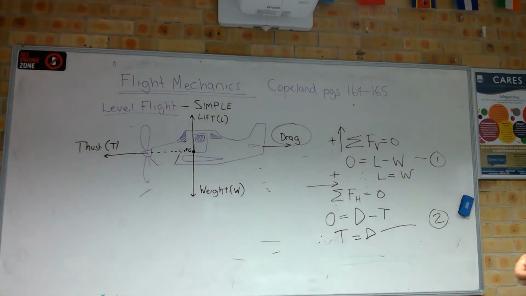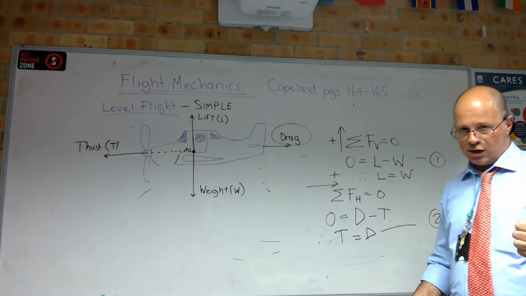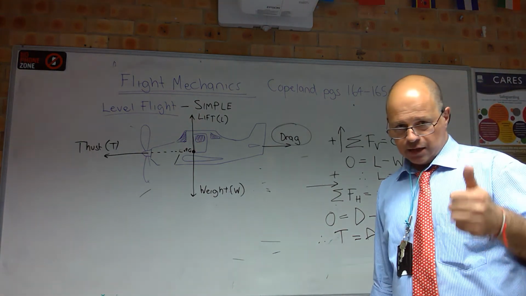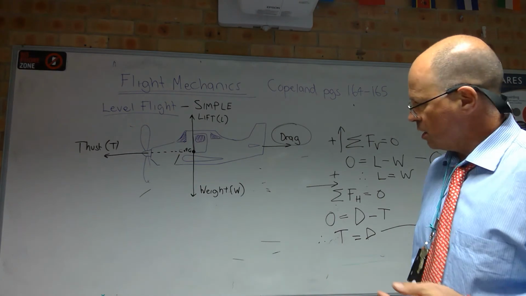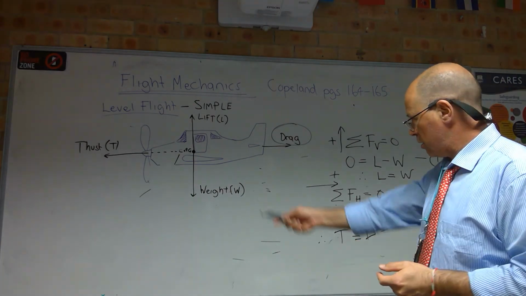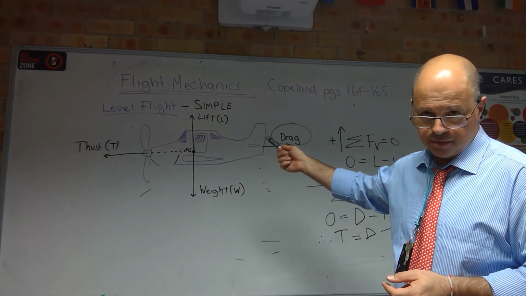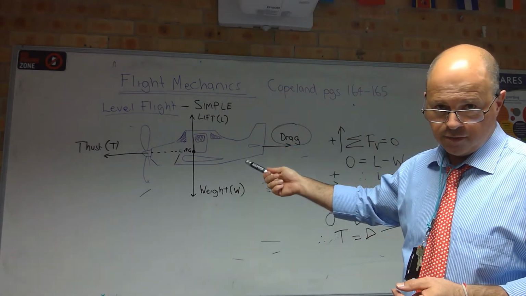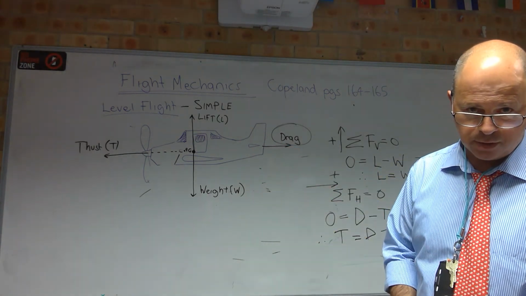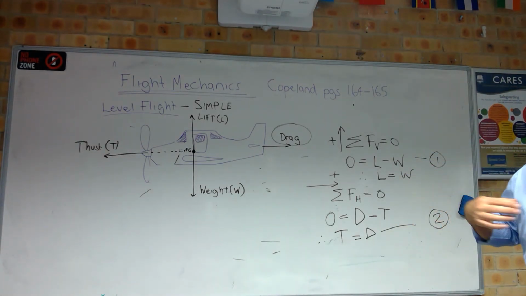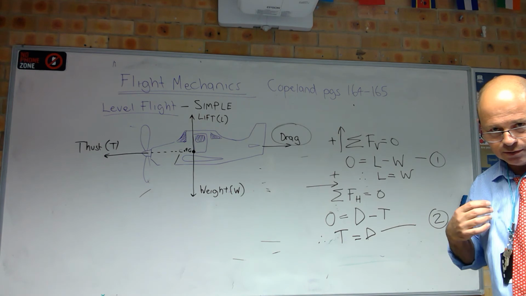Okay, so I'm hoping that you've now got a definition of parasitic drag and induced drag. I'm hoping that you understand this very, very basic mechanics diagram for straight and level flight from Copeland. If you don't, pause it, copy it, read Copeland as well.